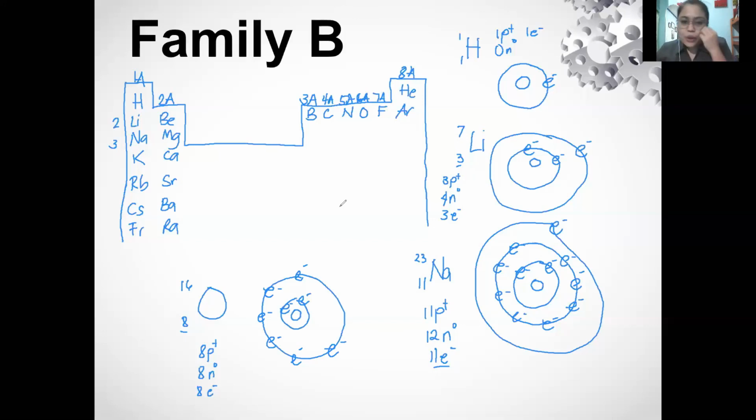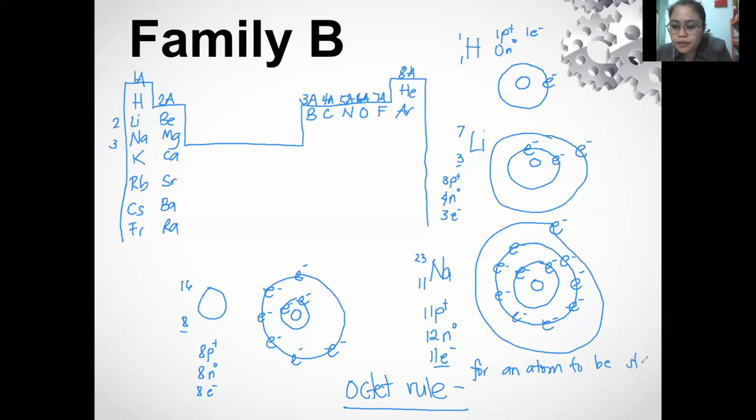Okay. So, I mentioned the octet rule earlier. The octet rule says, let me write it, for an atom to be stable, it needs to complete 8 electrons in its outermost shell.